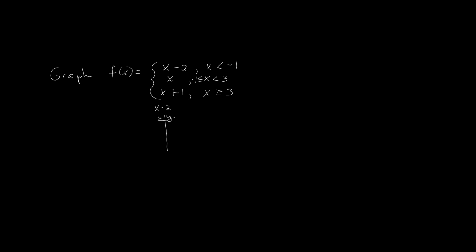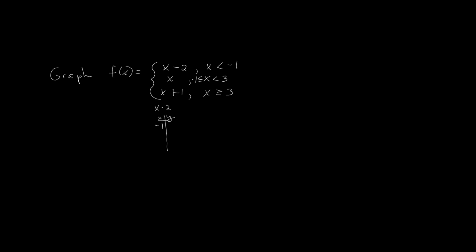When I'm doing graphs, I'm always going to put in the key value, even though I'm not really allowed. This might seem a little shady. It says it has to be less than -1, but I'm going to put it in anyway, because I still need to see what's going on at that key value on the graph. So we always plug in the endpoints, the key numbers, into our functions. And then any number less than -1 is just fine.